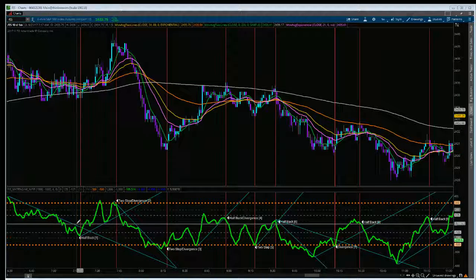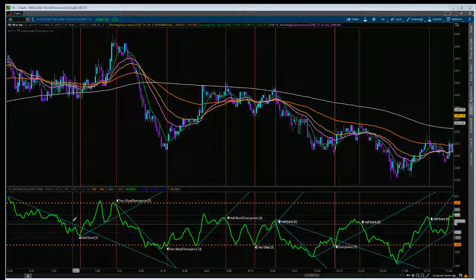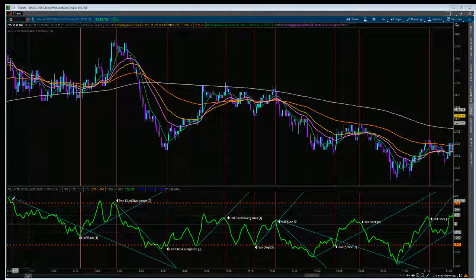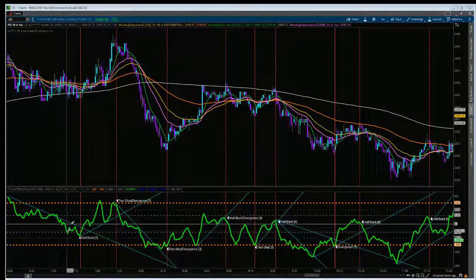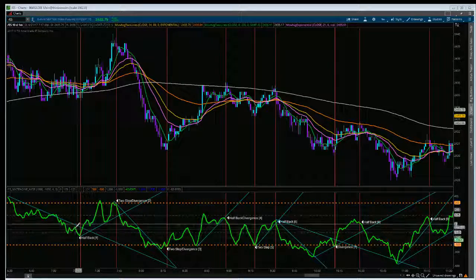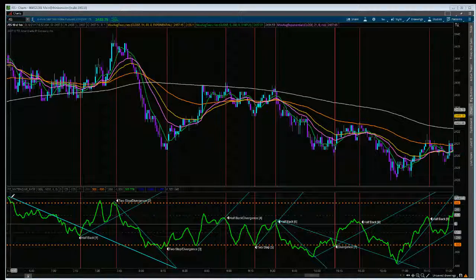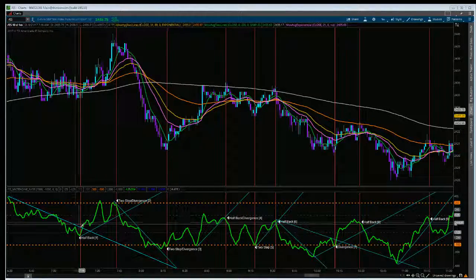Let me tell you what the halfback is. The halfback pattern always starts at one extreme. So it's either going to be at the top orange line or it'll start at the bottom orange line. In this case, it starts at the top, comes down to the halfway mark. There's a zero line here, and it can bounce around and chop around through there. When you see that happen, you draw a trend line on here.